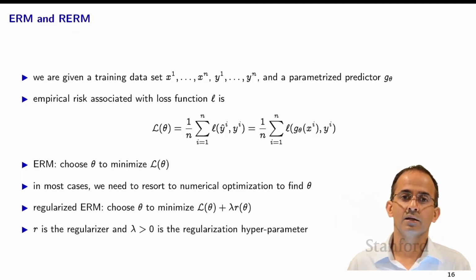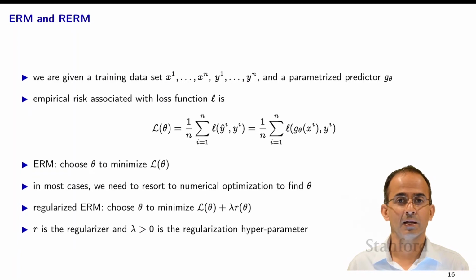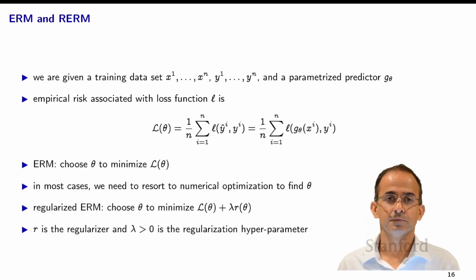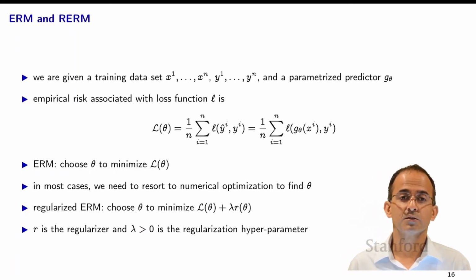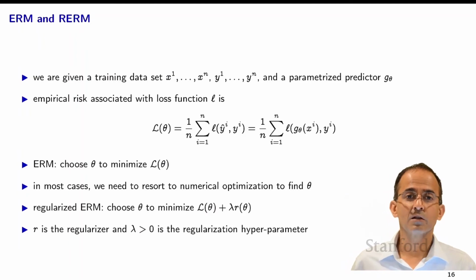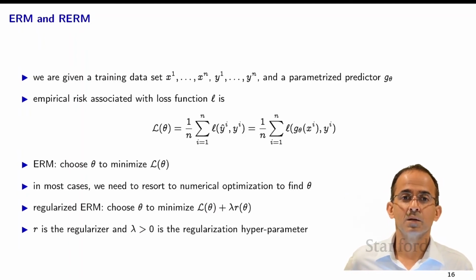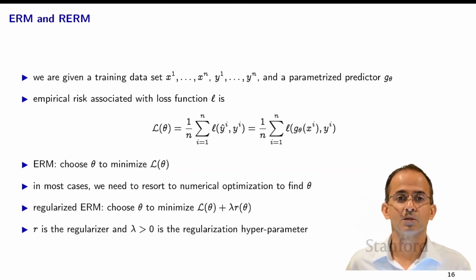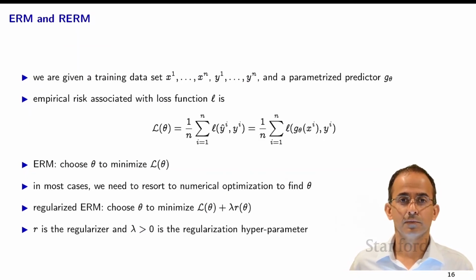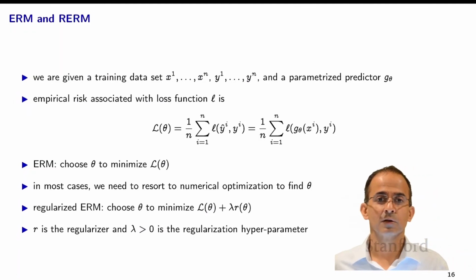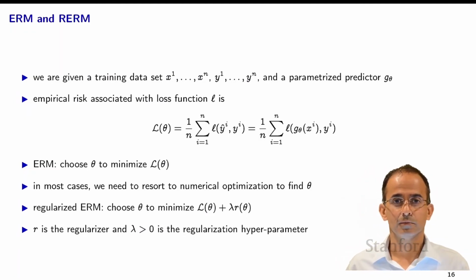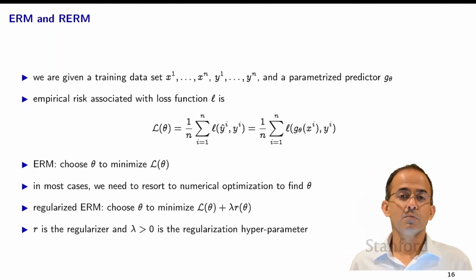And y hat i is just our prediction evaluated at xi. So ERM chooses the theta to minimize the loss. Regularized ERM chooses the theta to minimize the empirical risk plus lambda times the regularization function. And lambda here is a positive regularization hyperparameter. And in most cases, we're going to need to do numerical optimization to find theta. There won't be an explicit formula.